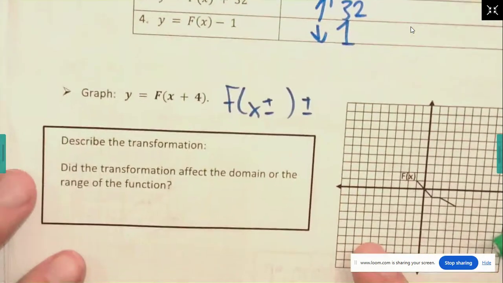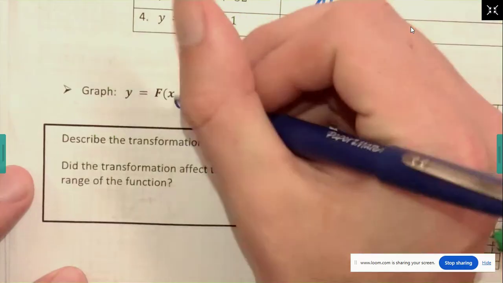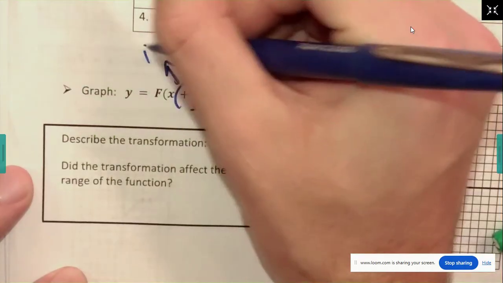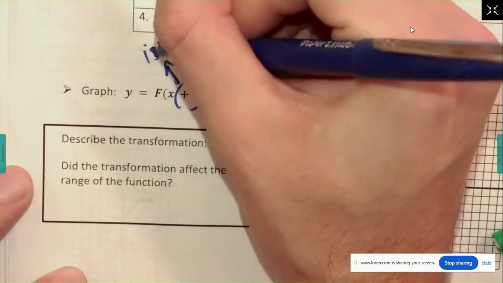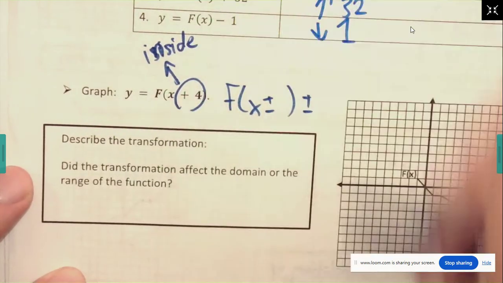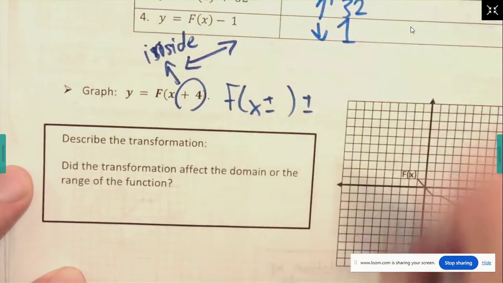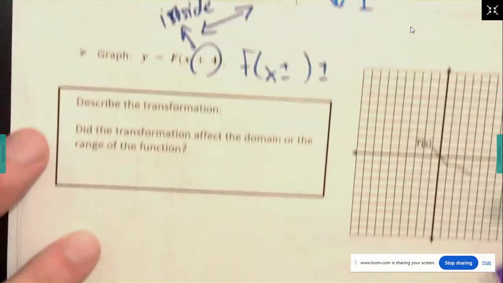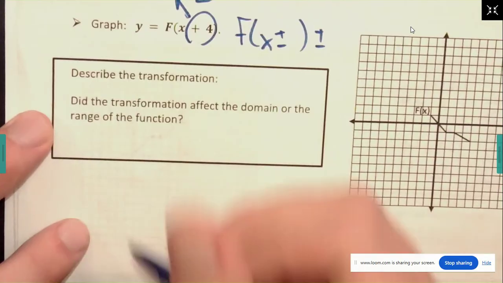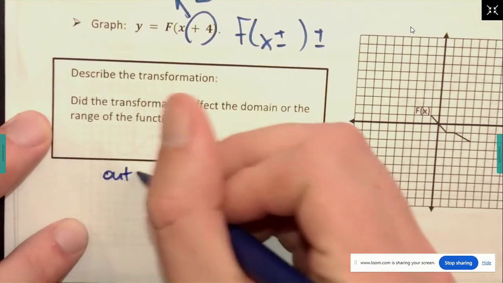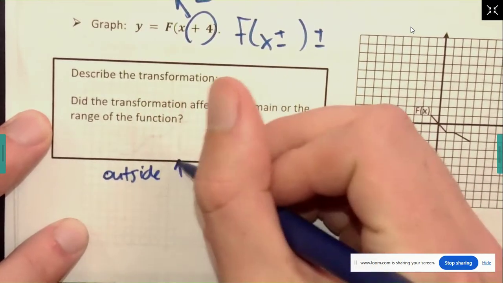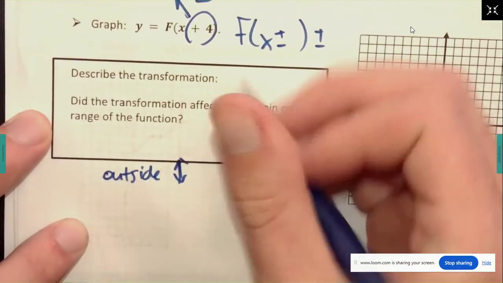Okay, if I come down here, this plus 4 is on the inside. Inside. And addition and subtraction on the inside moves us left, right. Okay, this is key. Okay, so outside, we move up and down, and it's straightforward.